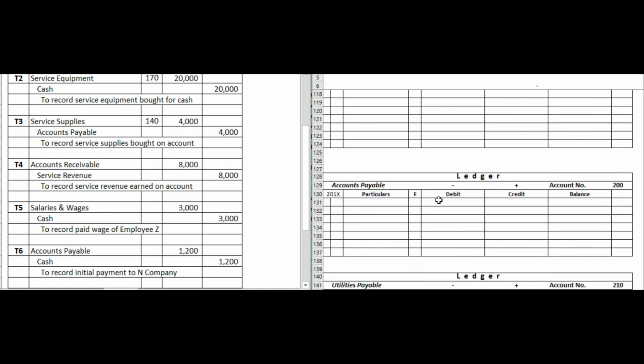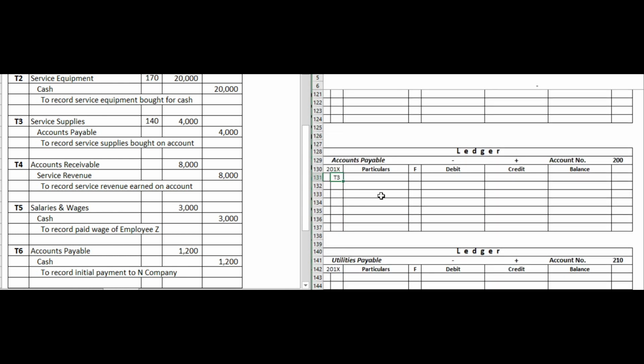Accounts payable. Transaction 3, to record credit, kasi yung accounts payable nasa credit. Okay, credit, balance, 4,000. Reference, 200. Susundan natin.